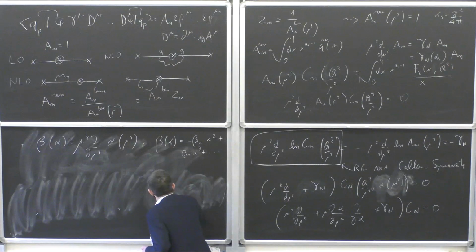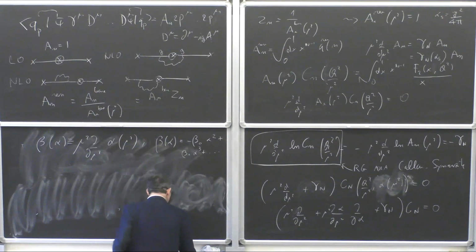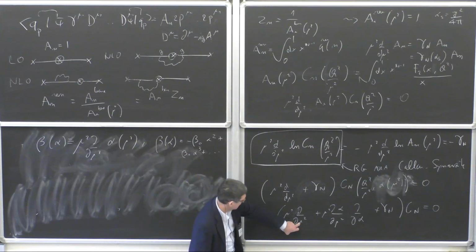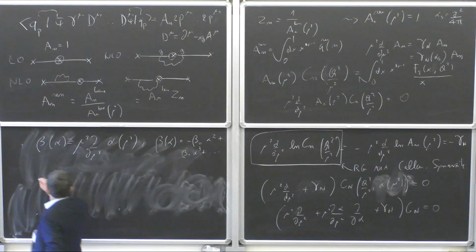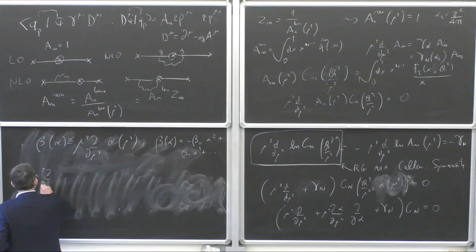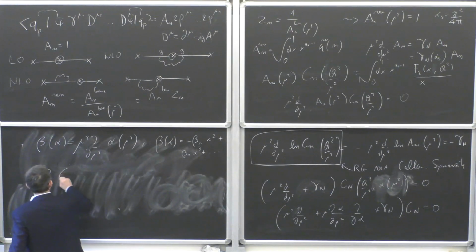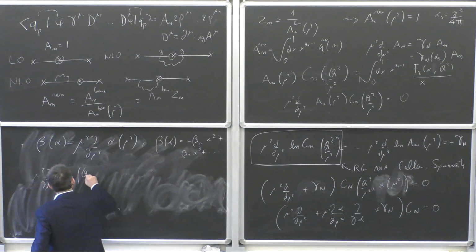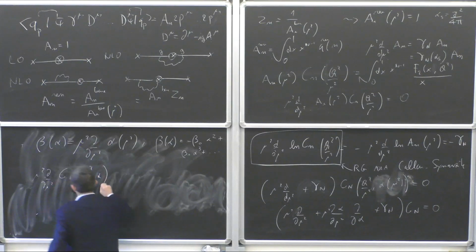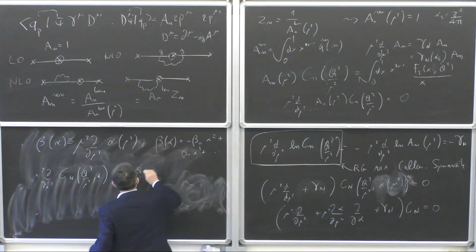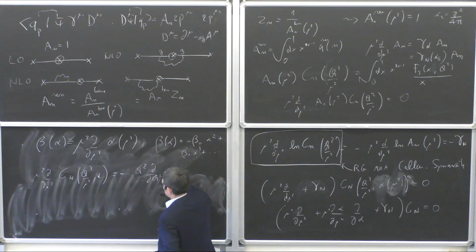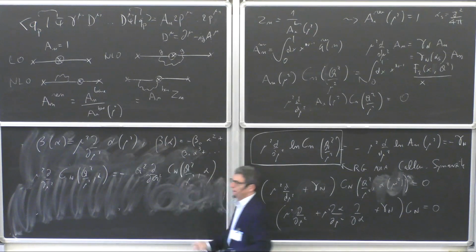The other observation is that because the direct dependence on mu square goes through the ratio q square over mu square, d by d mu square of Cn of q square over mu square, alpha is equal to minus q square d by dq square of Cn of q square over mu square, alpha.